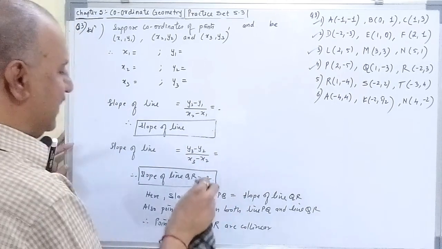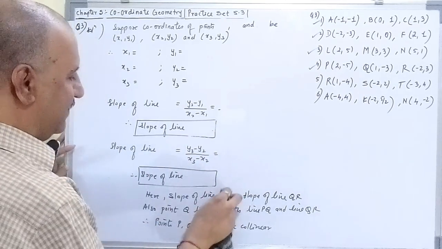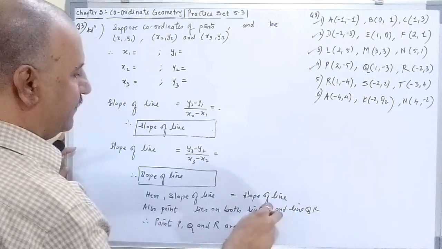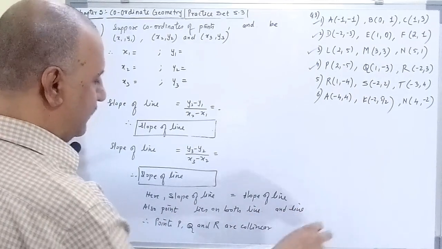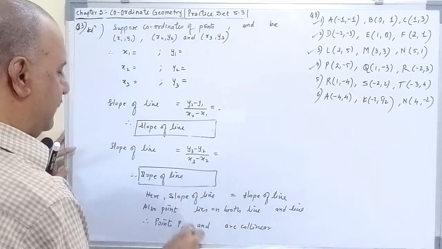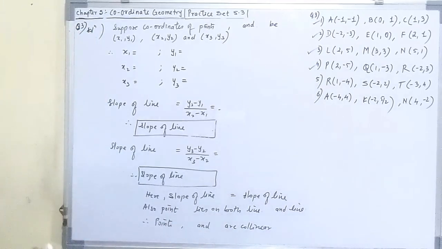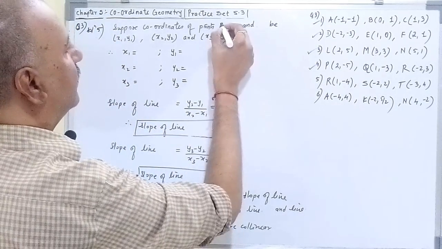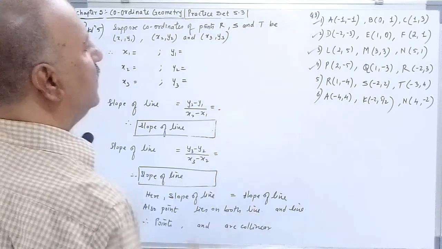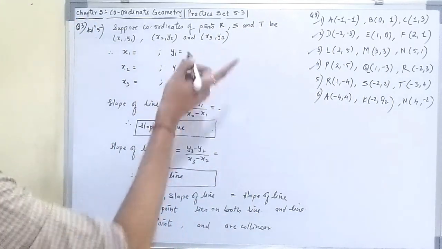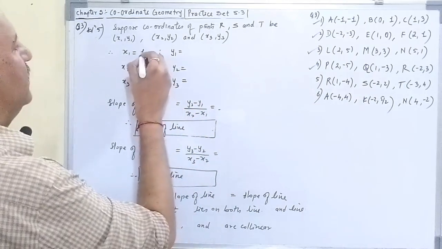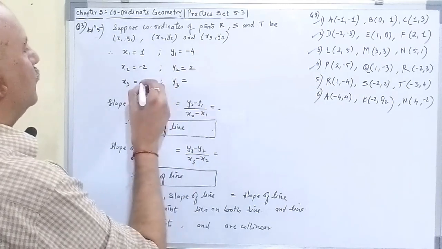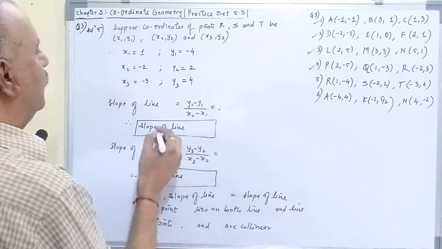You just have to add, subtract and divide. Question number 5. Suppose points R, S and T be x1, y1, x2, y2, x3, y3. So write the points: R is 1, -4, S is -2, 2, T is -3, 4.